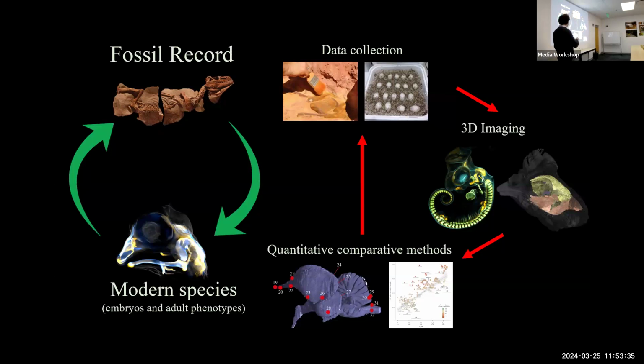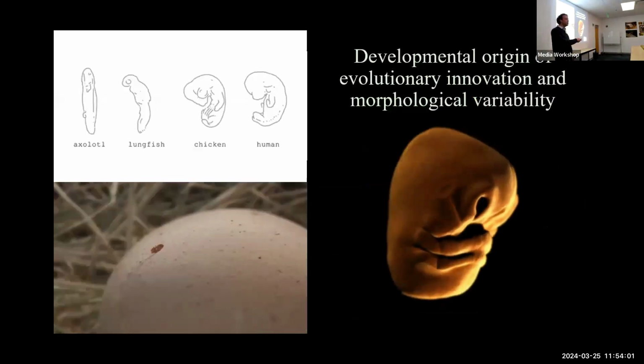But we have a problem regarding the modern species because until now, major efforts have been done on adult phenotypes, trying to capture the evolutionary diversity of life. But there is an incredibly important resource of data from extant species that is still way behind, and I would say the most behind source of data in terms of collection, and this is developmental biology.